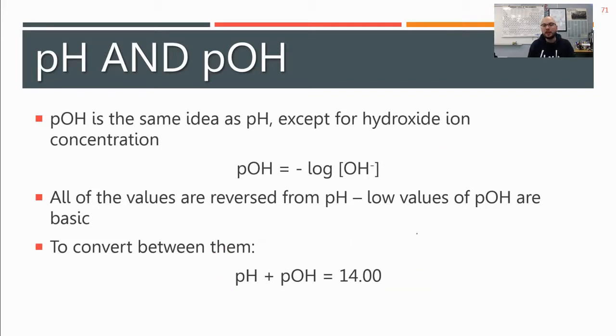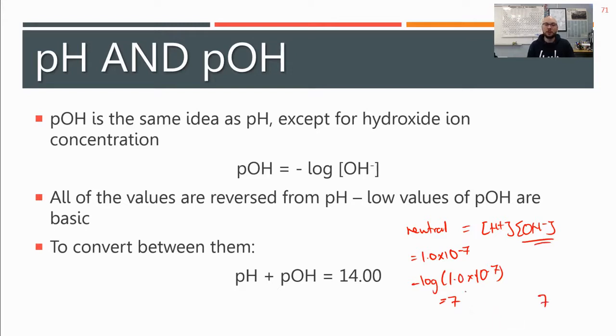So we can think of a neutral solution. In a neutral solution, we know that the concentration of H plus is equal to the concentration of OH minus. Both of these numbers are 1.0 times 10 to the negative 7. It turns out when you take the negative log of 1.0 times 10 to the negative 7, you get 7. Then you do the same thing here, and you get 7.